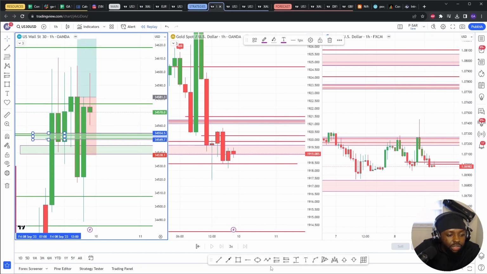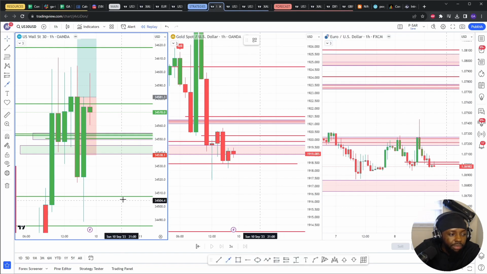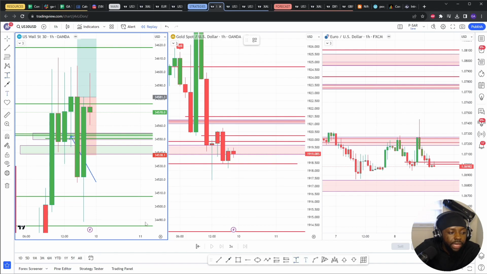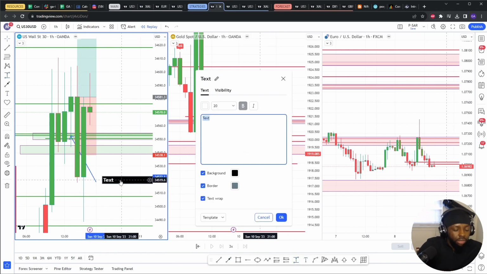So you have these two candles. If I put this right here, I can mark this up as break and continuation of a double SAR zone. This should be the break.